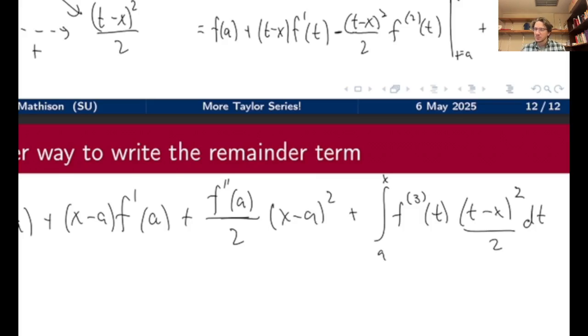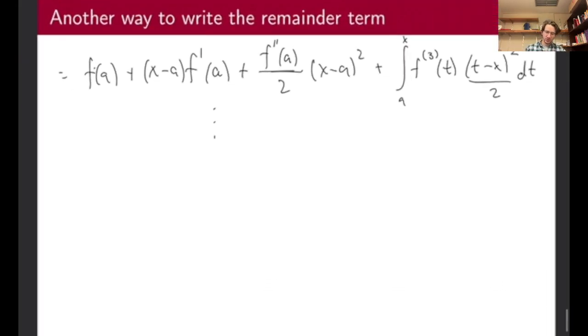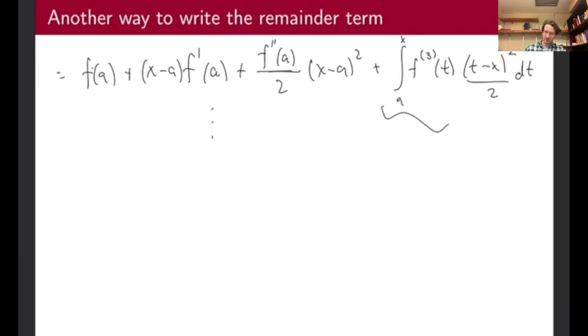Okay. And you can keep going. So this is, again, f of x equals p2 of x plus r2 of x, right?